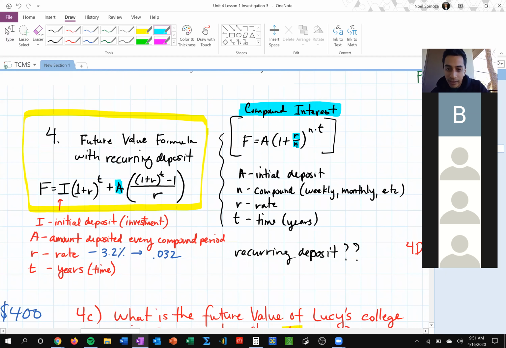Where it would take the rate and break it up. It would divide it, right? So on the numerator, I have R, and my denominator, I have N. N represented the compound, right? How many times we would compound it.